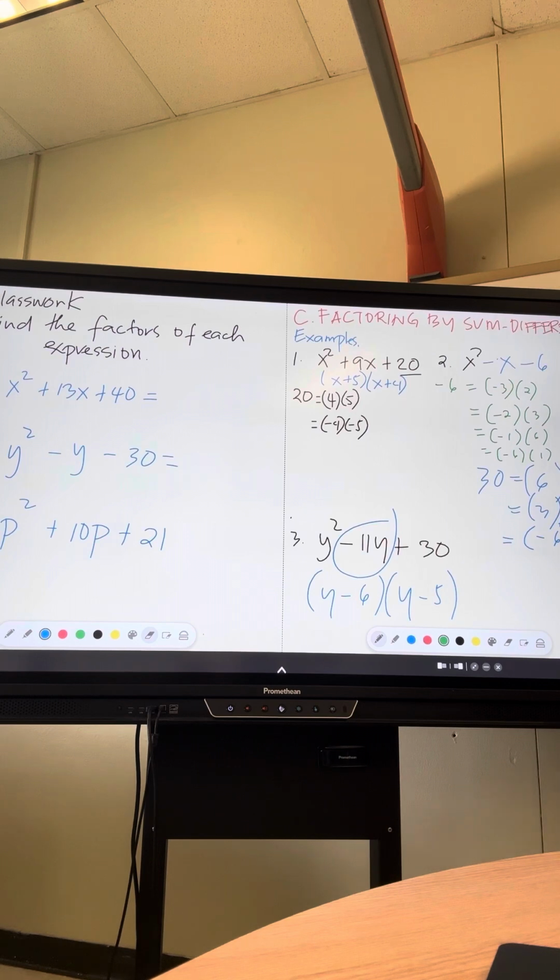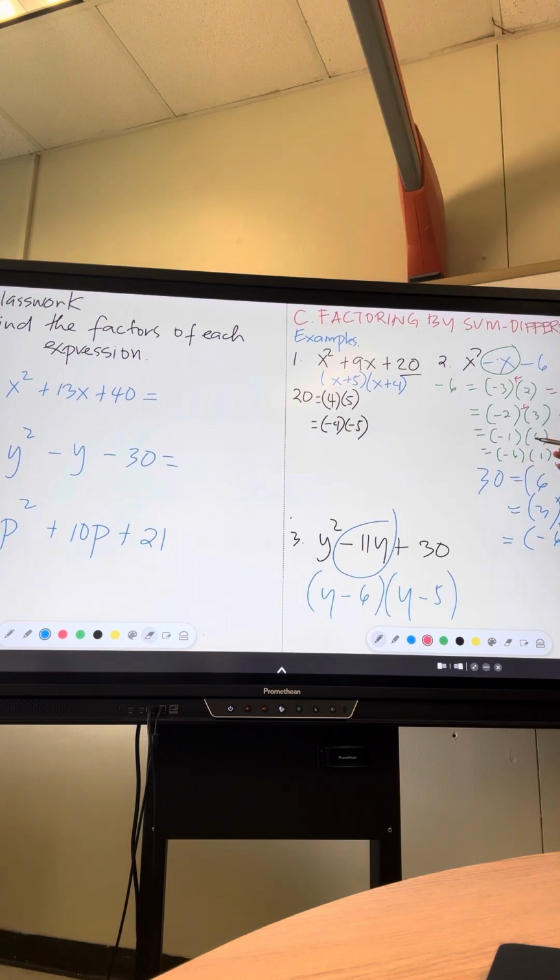Now, how will you get the middle term? Which of the following factors gives you the middle term, which is negative 1, or negative x? So what do you think? You are going to use trial and error to add the possible factors. If you add negative 3 plus positive 2, it gives you negative 1. And the other one, negative 2 plus positive 3, gives you positive 1.